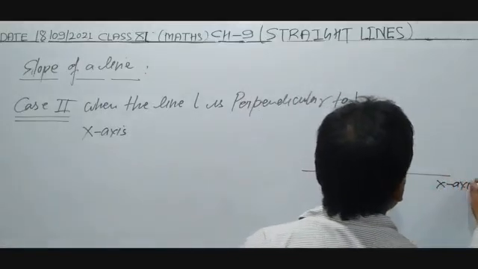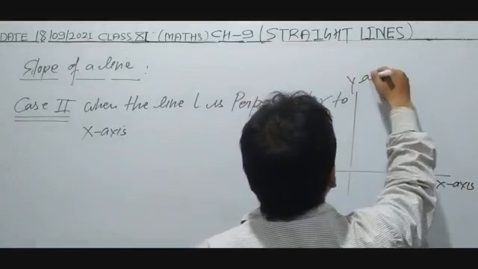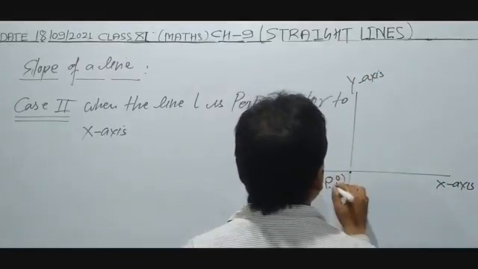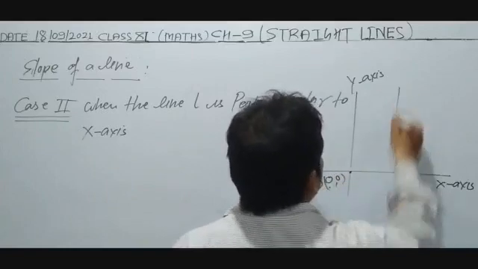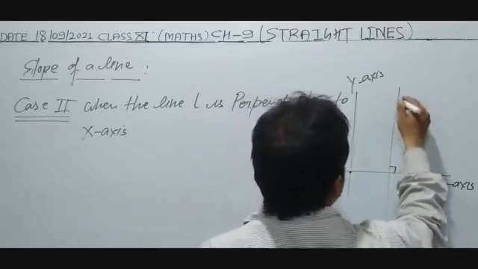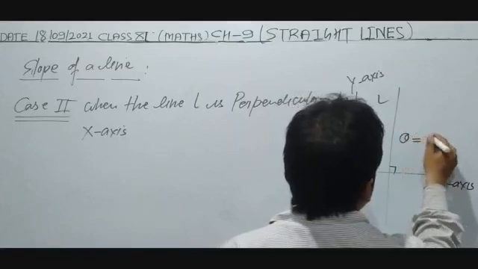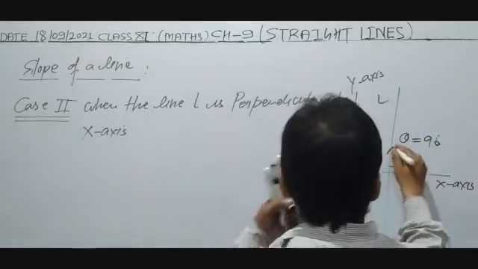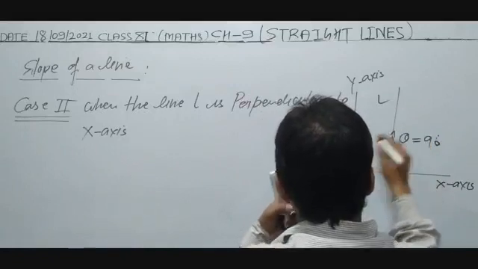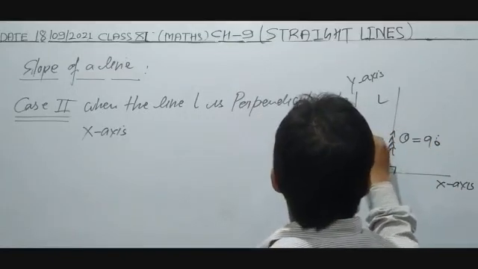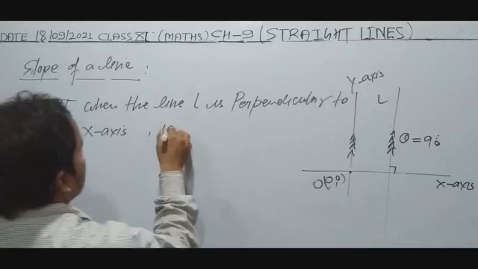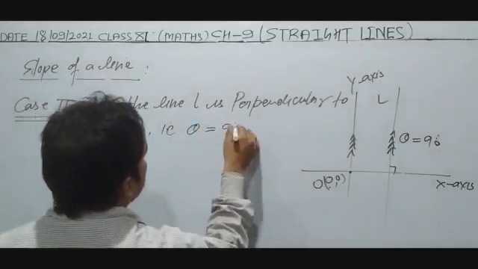This is the x-axis, this is the y-axis, this is the intersection. Perpendicular to x-axis means this is the line L, and here theta is equal to 90 degree. Perpendicular to x-axis means the line will be parallel to the y-axis, that is theta is equal to 90 degree.